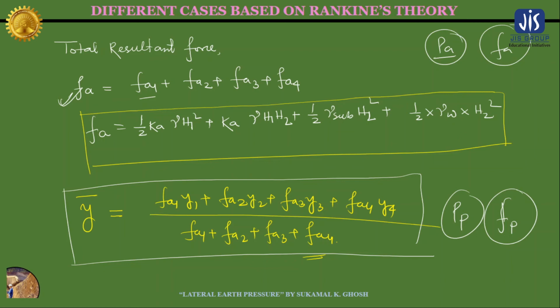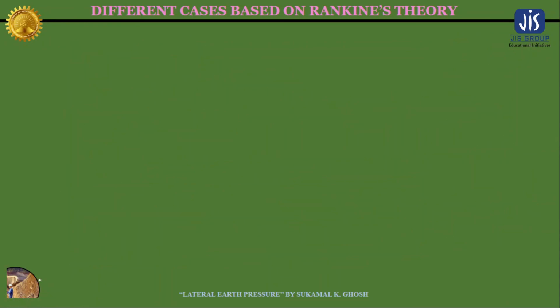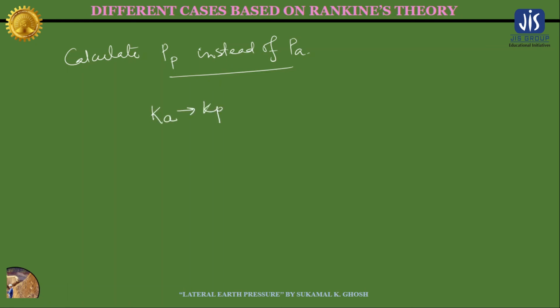Suppose you want to calculate the Pp instead of Pa, then we need to replace the Ka by Kp, and thus we can calculate the Pp.